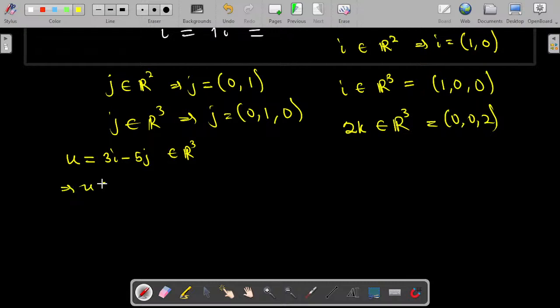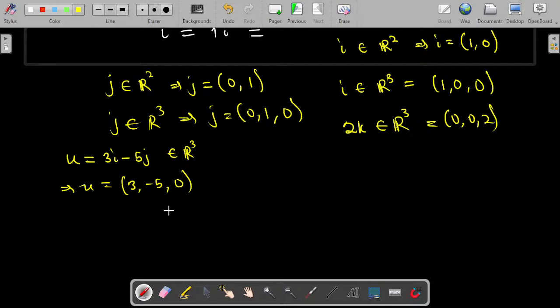So the u here is supposed to be (3, -5, 0). Whenever you are given questions in this ijk form, it's actually more beautiful to put it in this bracket form. I hope you get that.